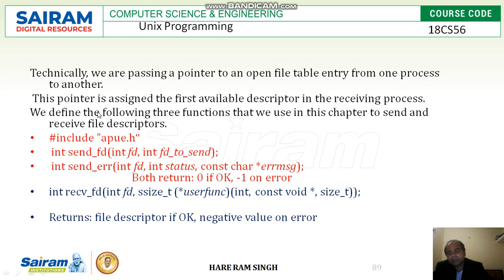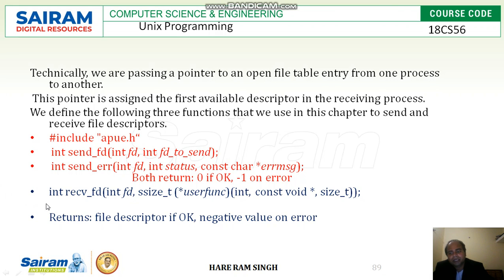We define the following three functions, which we use in this chapter to send and receive the file descriptor. To send the file descriptor: int send_fd(int fd, int fd_to_send). Next, int send_error(int fd, int status, const char *errmsg). Both return 0 if okay and -1 on error.